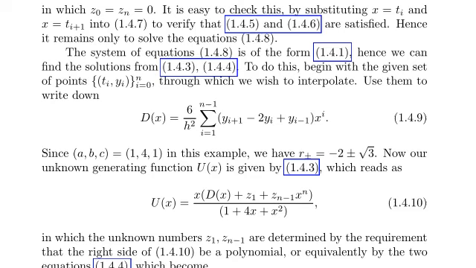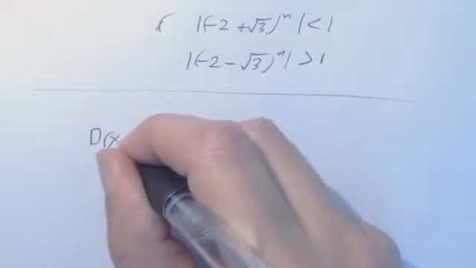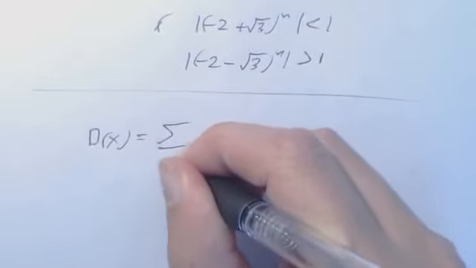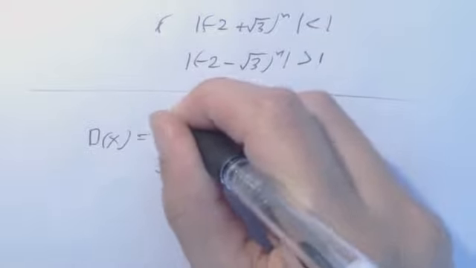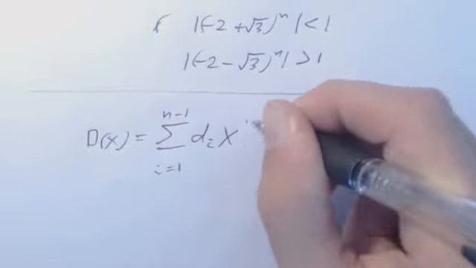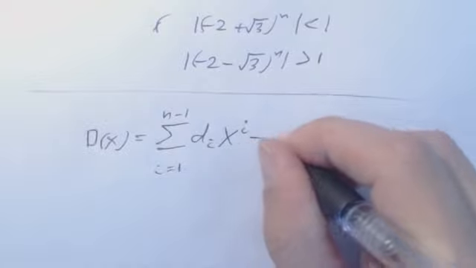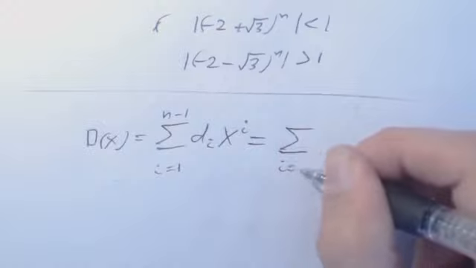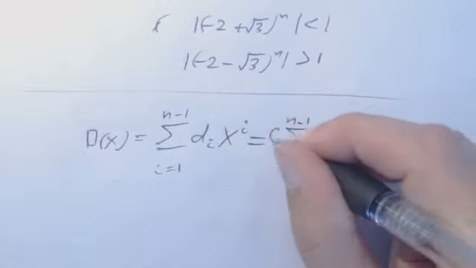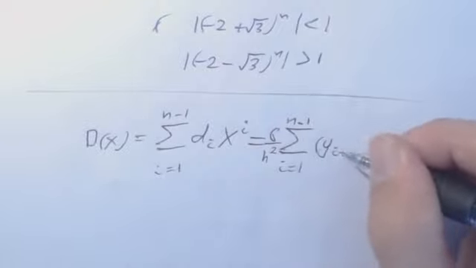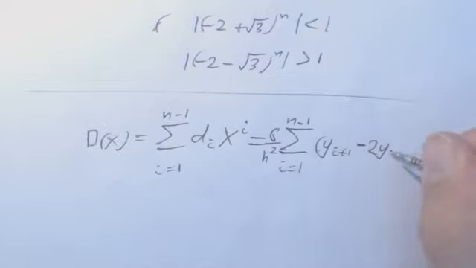To do this, begin with the given set of points t_i, y_i, through which we wish to interpolate, and use them to write down the polynomial d(x) as we did before, the sum from i equals 1 to n minus 1 of d_i x to the i, where we're letting d_i be 6 over h squared times (y_{i+1} minus 2y_i plus y_{i-1}).